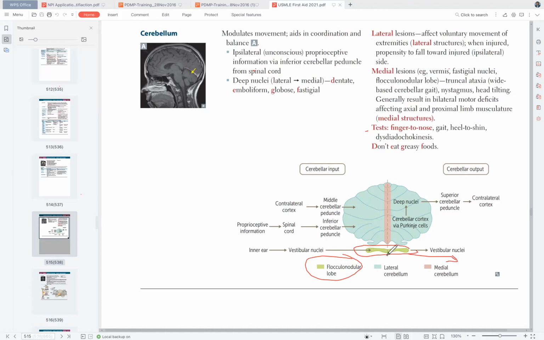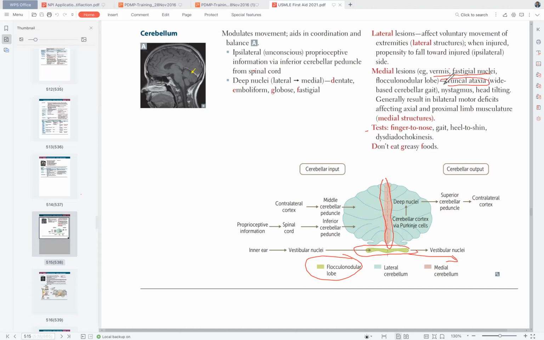And then I think this one is the vermis here. So here they've put it here. The medial lesions which affect the vermis and then the fastigial nucleus, right?